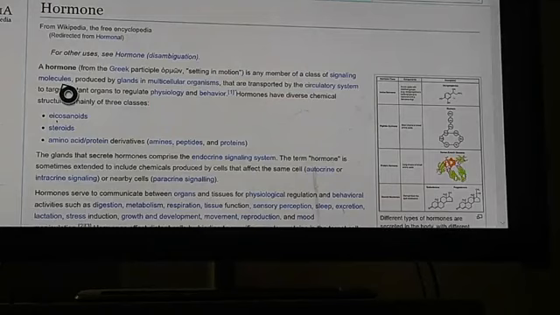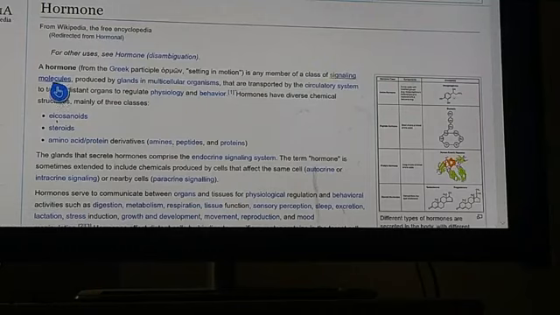Signaling molecules produced by glands, transported through the circulatory system, through your blood, to regulate physiology and behavior.